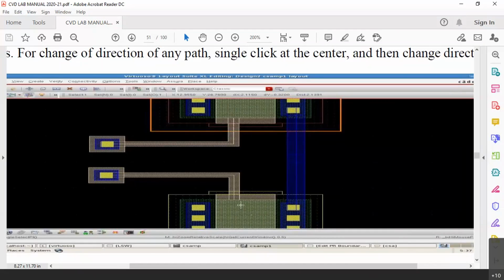Now, the input to the NMOSFET, the below one is the NMOSFET, input to the NMOSFET is Vin. So you can see the metal to poly via here with the yellow color contact area or contact cut, and the blue color metal area, and the overlapping larger area is polysilicon area. Even to the PMOSFET, which is at the top, the gate is connected to the Vbias.